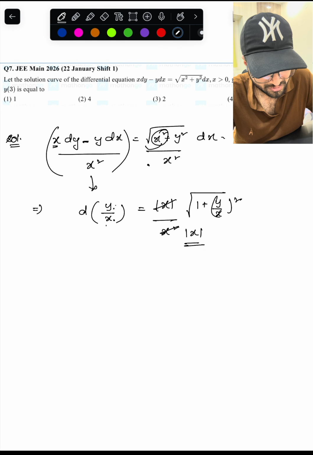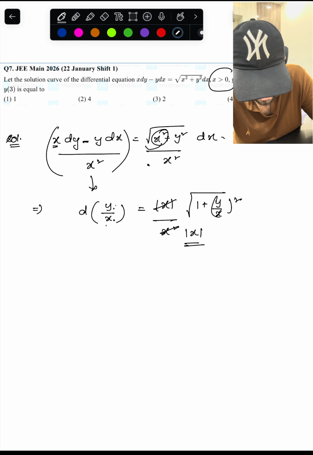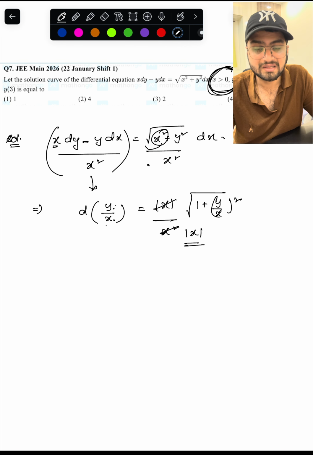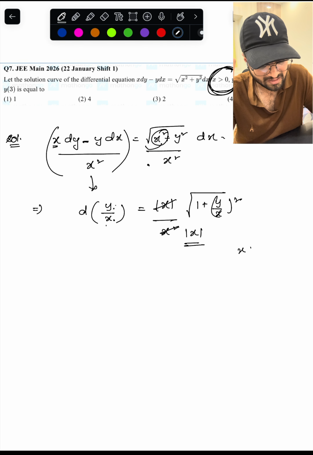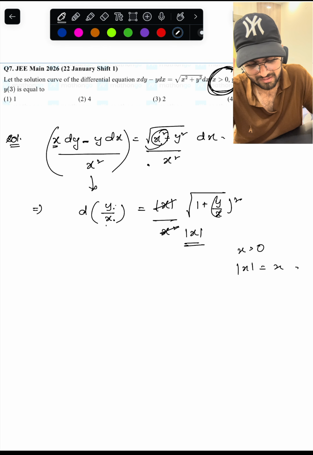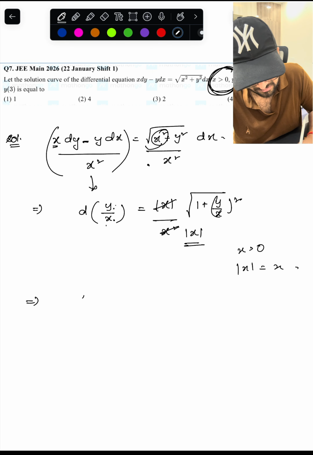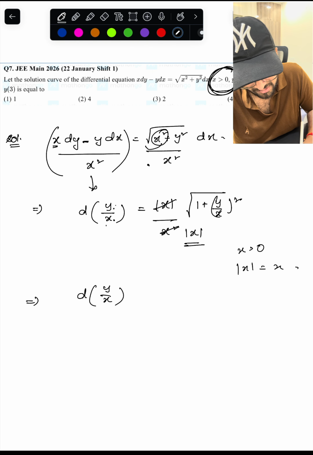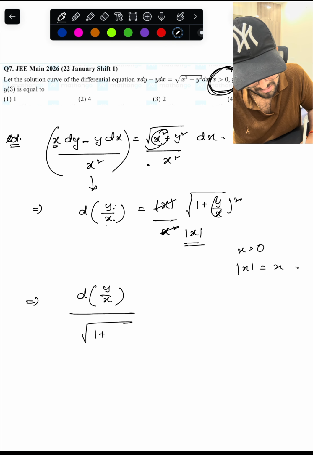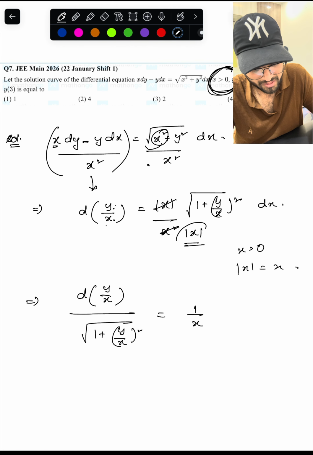But how to remove this modulus? Clearly it is mentioned that x is greater than 0. As x is greater than 0, mod x is x. So now I will separate the terms: d of y by x by root of 1 plus y by x whole square equals, I missed dx here, 1 by mod x means 1 by x dx.